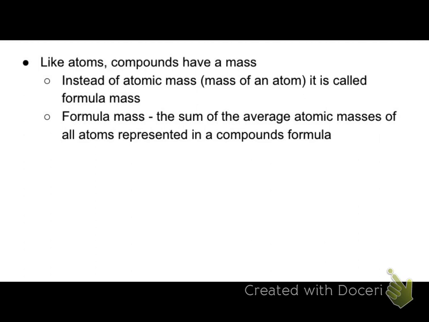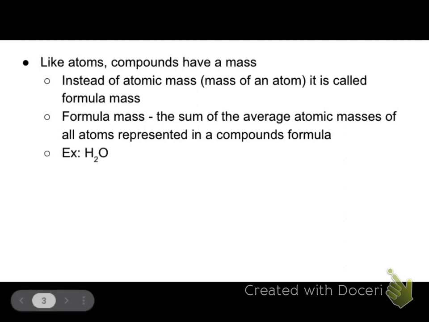You could call a molecular compound a molecular mass if you wanted to because it's a molecule, but then for ionic compounds it gets a little more tricky, so we use the term formula mass because it covers all our bases. If you're talking about a formula, you can be talking about an ionic or a covalent compound, so we call it a formula mass.